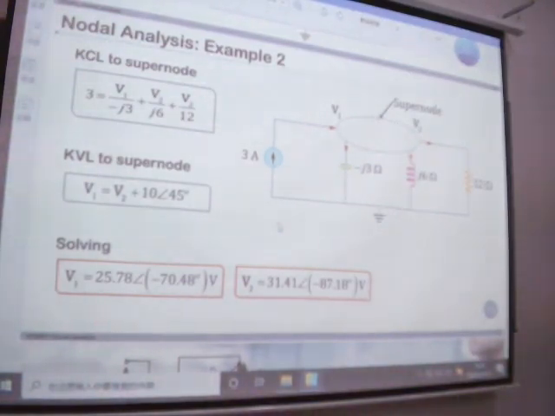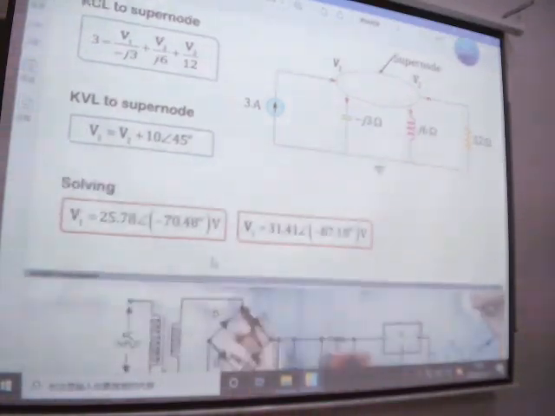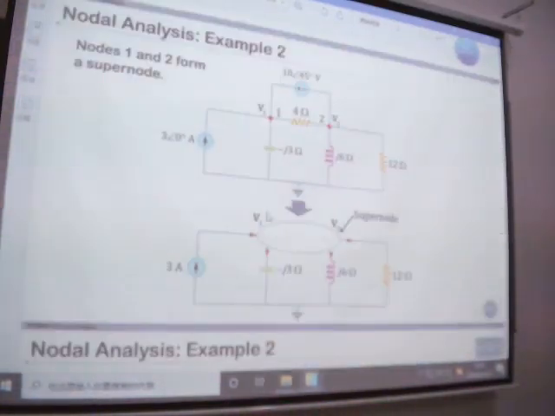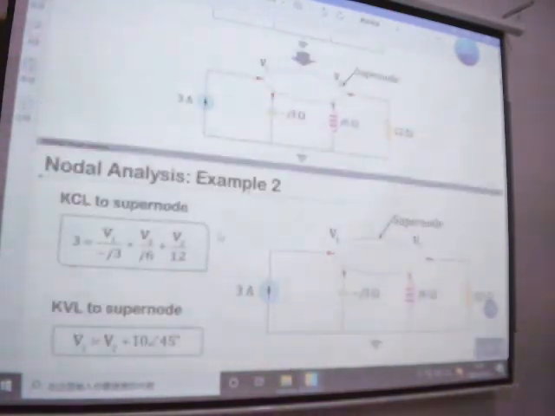For the supernode, we know this one is the voltage source, right? So that means we know the voltage difference between V1 and V2. So one more equation is V1 minus V2 equal to 10 at 45 degrees. Clear? Right?